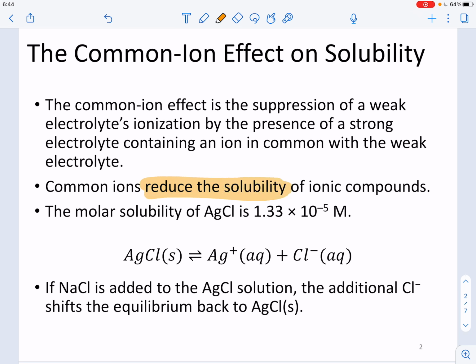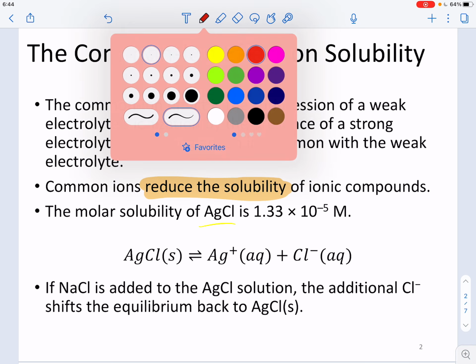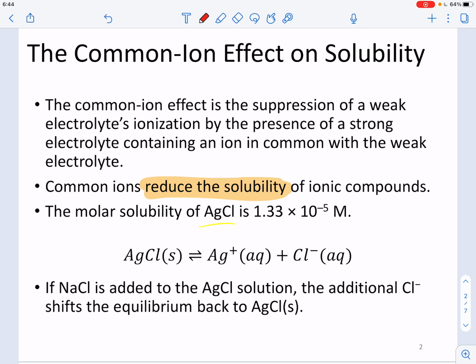So for example, here we have silver chloride, and the molar solubility of silver chloride is 1.33 × 10^-5. Okay? The solubility equilibrium for silver chloride is you produce two ions. The silver chloride will separate into one silver ion and one chloride.